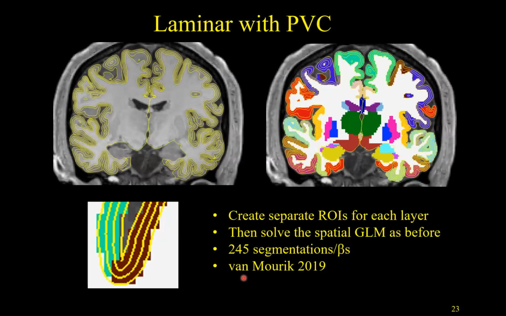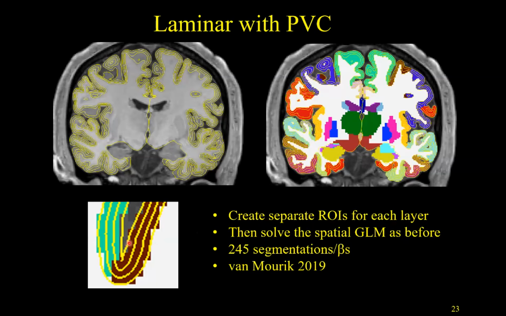So a different way to do it would be an ROI analysis, where I take those surfaces, however I create them, and I know that there are different ways to do that, and I can overlay them onto this region of interest map, for example. If I zoom in to this region here, you can see I have this brown region of interest and this green region of interest. And so for a layer analysis, what I would do is to take this brown region of interest and divide it up into 3 different regions of interest.